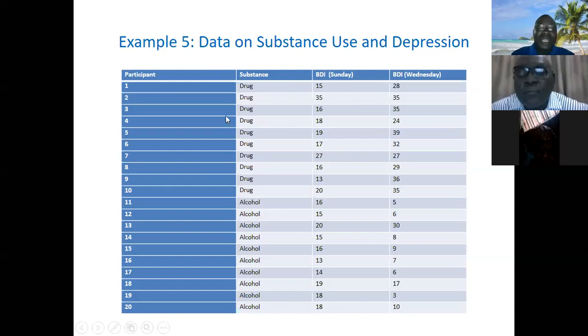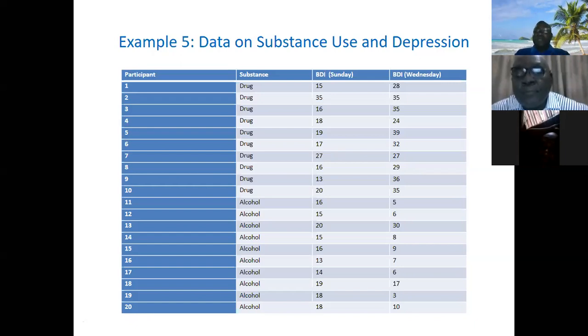Now, if you look at it, you can see there are two perspectives. If you look at it as an independent group, you have the drug group and the alcohol group. But you can also look at it as paired, where for both drug and alcohol we have a Sunday measurement and a Wednesday measurement. Does it make sense? So two perspectives on this data set.